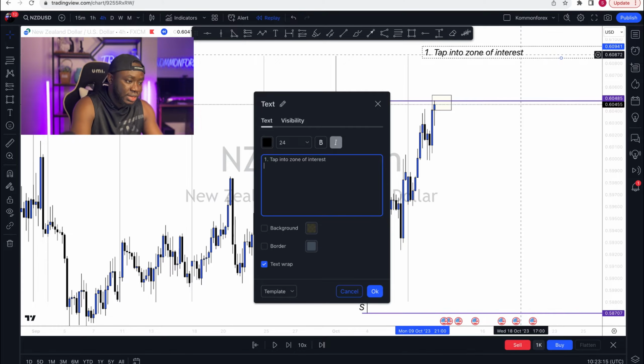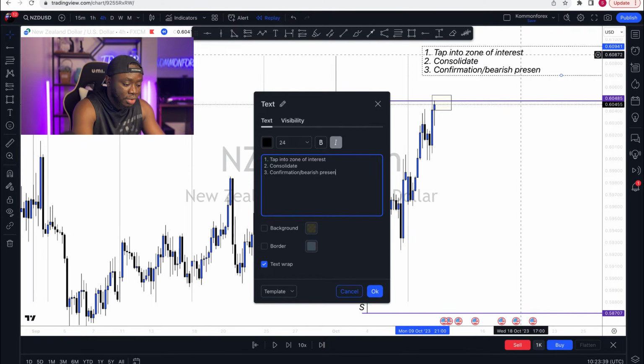Then the second thing, I want the market to consolidate there. I want to see a bit of consolidation in that particular zone. Then the last thing I want to see before I take any trade is my confirmation or my bearish presence. Make sure you write this down somewhere because it's extremely important you get this.